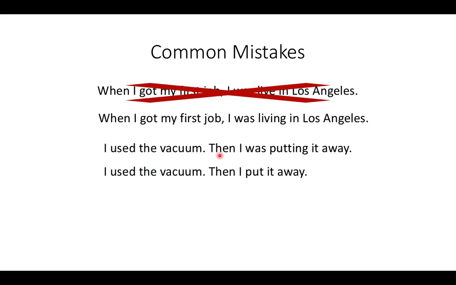I used the vacuum, then I was putting it away. The focus on this one is that you yourself were doing the action. This one focuses on the fact that you put it away. So that's why that one is not incorrect, it's just not a very good way of saying it in English.